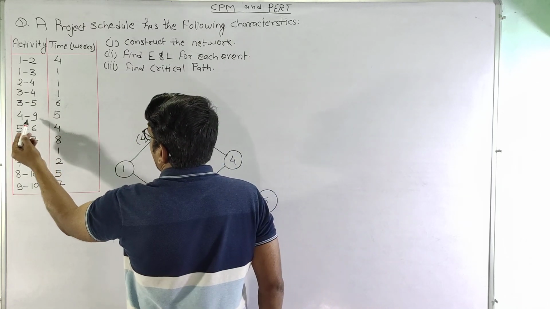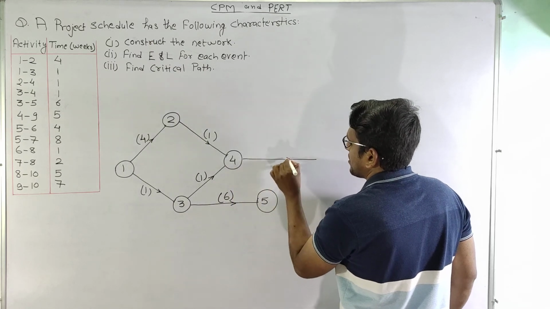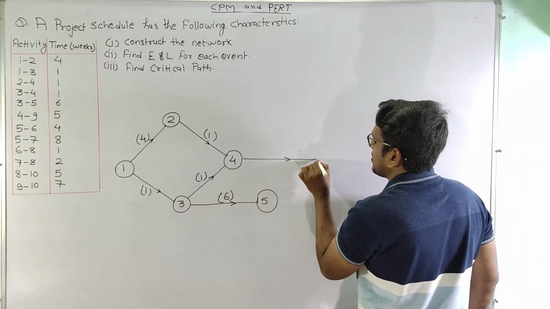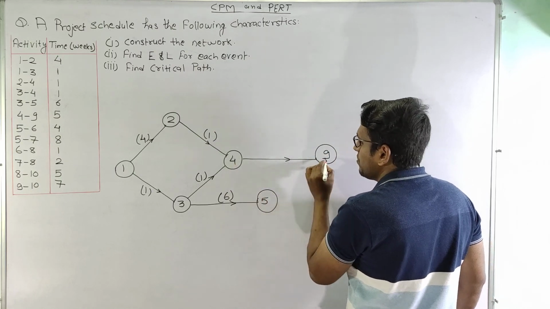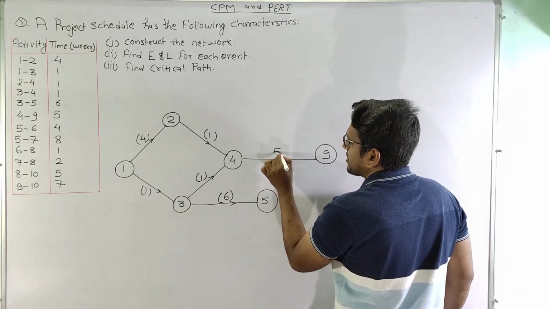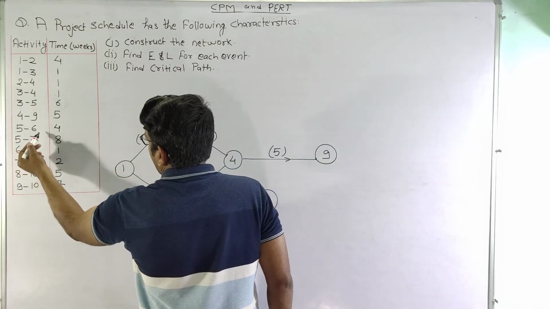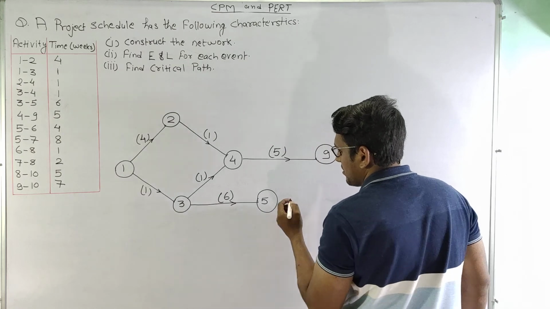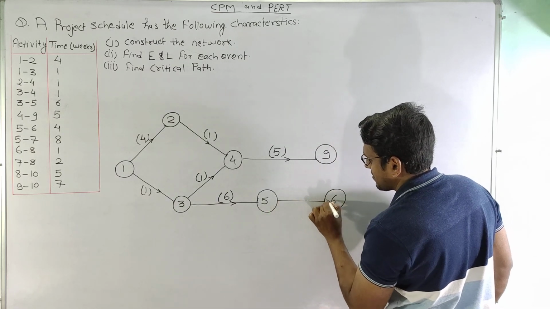Now activity 4 to 9, let us draw it somewhere here. This is activity 4 to 9, and this has a time duration of 5 weeks. Now activity 5 to 6, this is node 5 and let this be node 6.